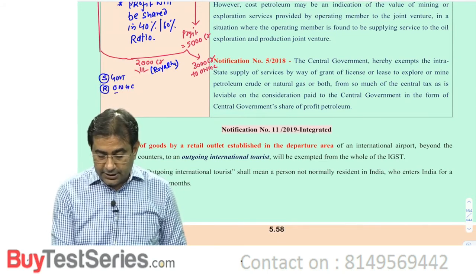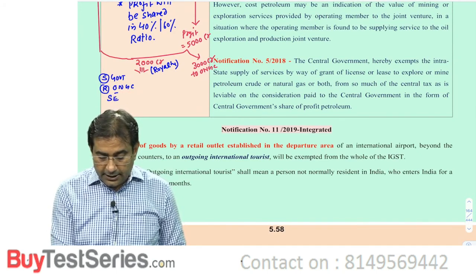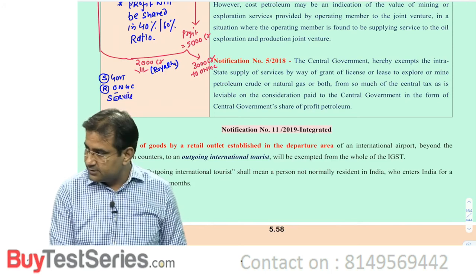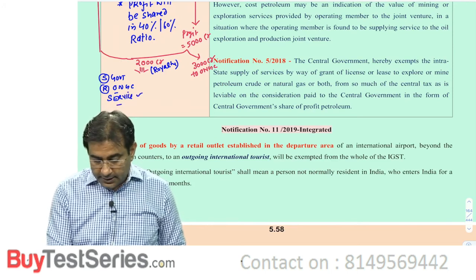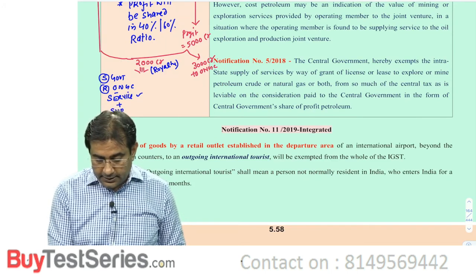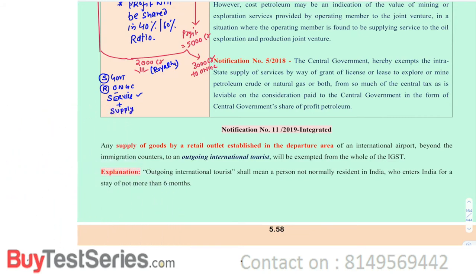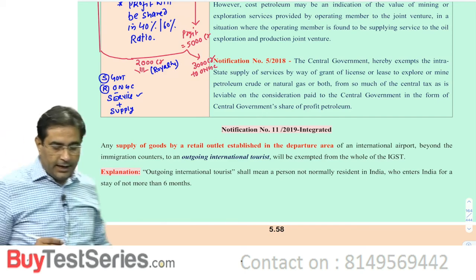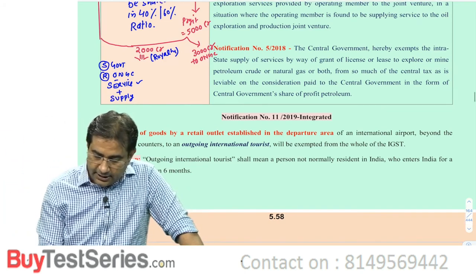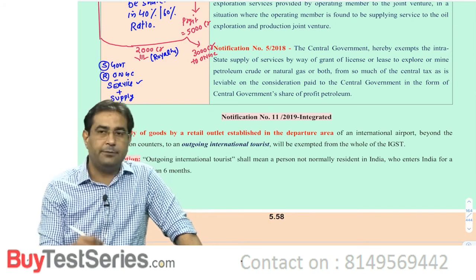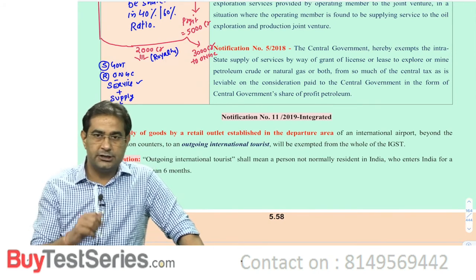In such a case, it is a supply of service. Yes, it is a supply. And finally, is it intrastate or interstate? That may be decided depending upon the origin and destination of the supply.